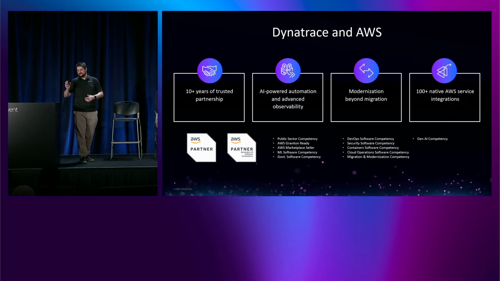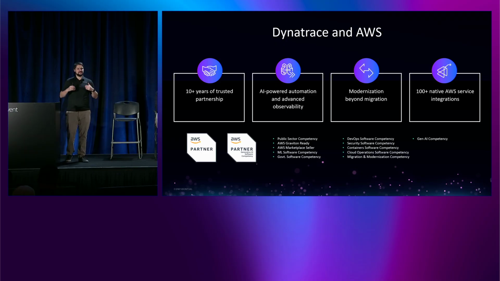And finally, of course, we've been partnering with AWS for quite a long time now, well over 10 years. And as you'd expect, we've gone through all of the compliance standards and certifications around AWS. So again, of course, things like the Gen AI competency, as well as the many others that are listed here as well.